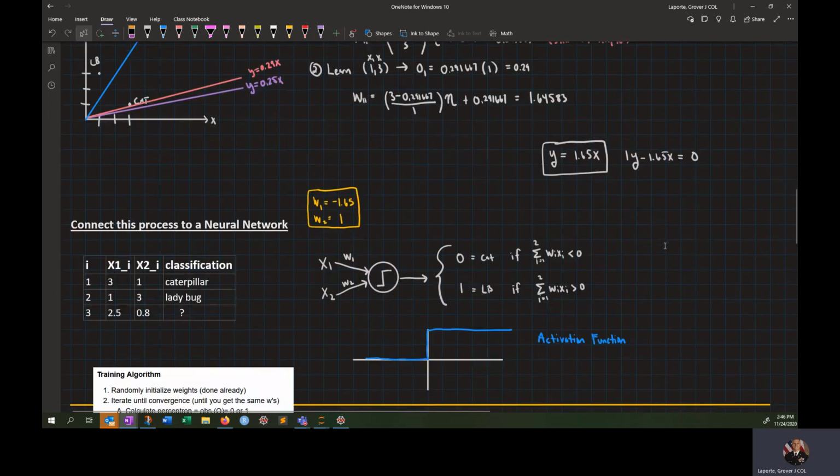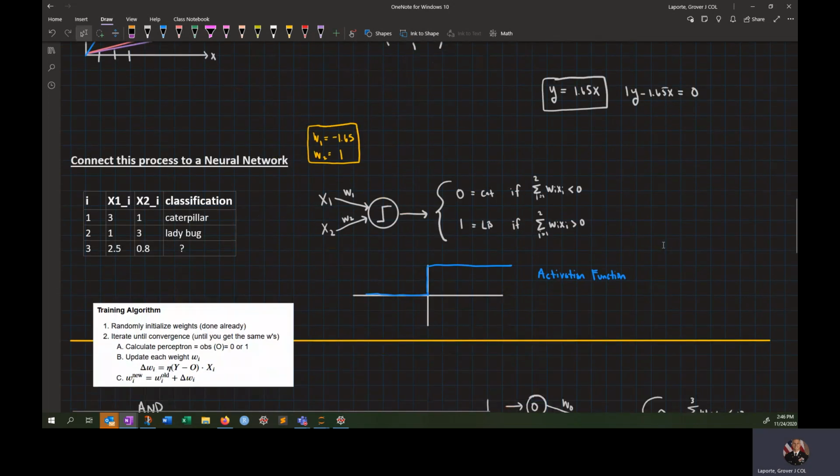Let's come down and check this out. I'm taking W1 multiplied by X1, and W2 multiplied by X2. Instead of just reporting a number out like we've been doing so far, I now want to give it a 0 or a 1, depending on what happens with this summation.